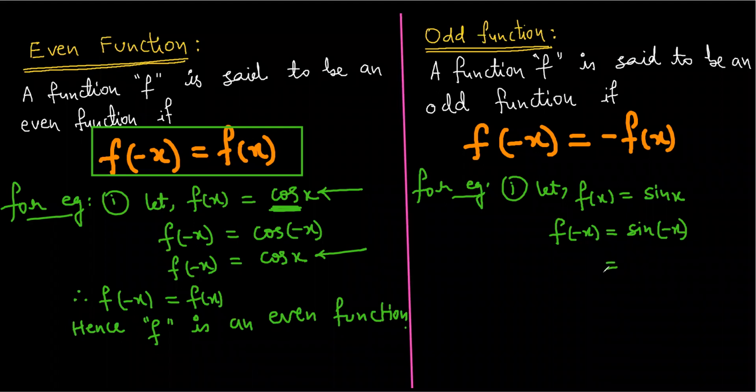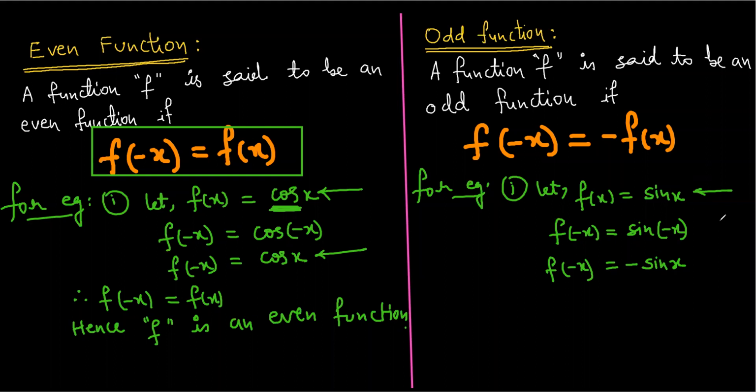And as you all know from trigonometry, sine of negative theta is negative sine theta. So sine of negative x will be negative sine x. So f of minus x is equal to minus of sine x.